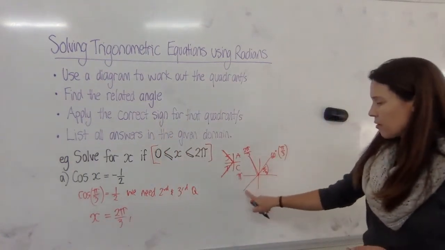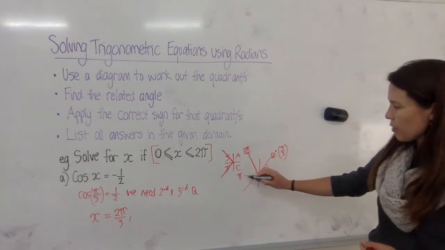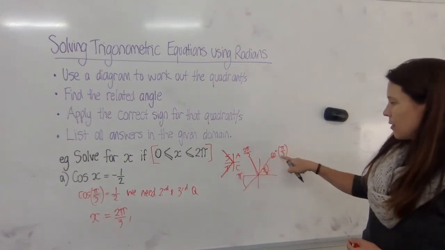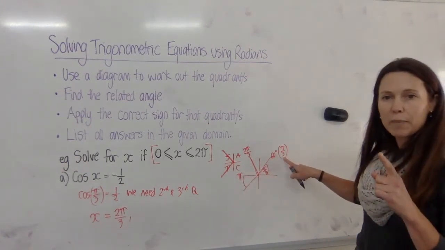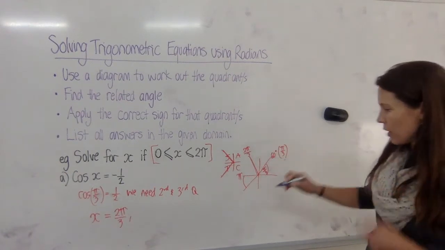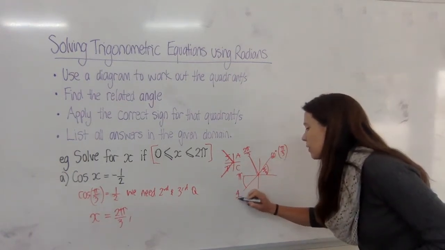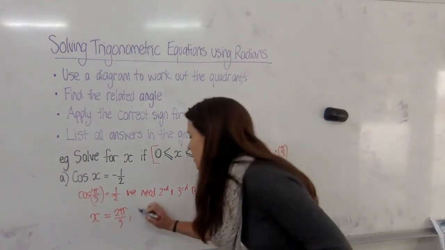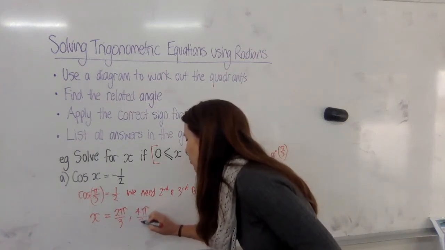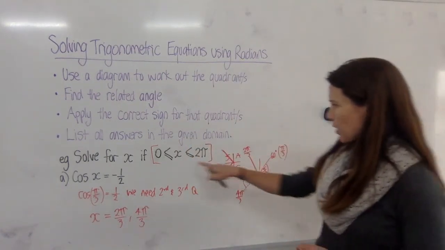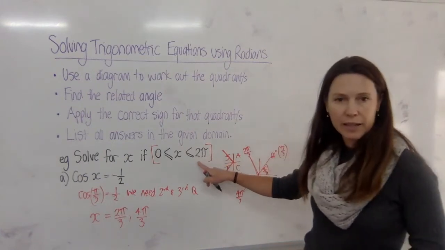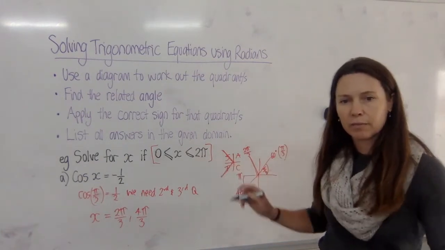Or it could be down here in the third quadrant. Now to find that one, we've got pi plus pi on 3. So if you've got 1 pi plus 1/3 of a pi, you have 4/3 of a pi, which you'll write as 4 pi on 3. And then we just double check that both of our answers lie in the domain that we've been given.